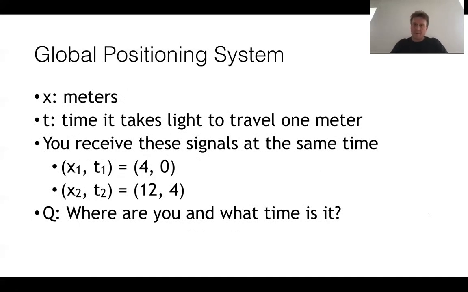Time is also traveling. So let's say I then hear a signal from two satellites. One of them tells me I'm at position 4 and the time is 0. And another one is telling me I'm at position 12 on the line and my time is 4. Then the question is, where are we on the line and what time is it?